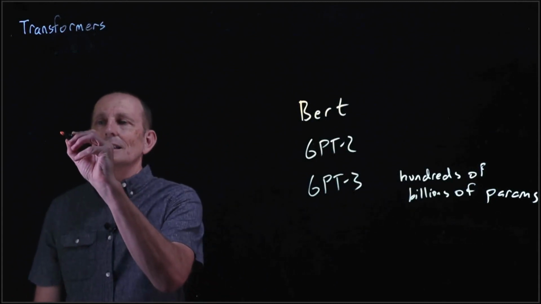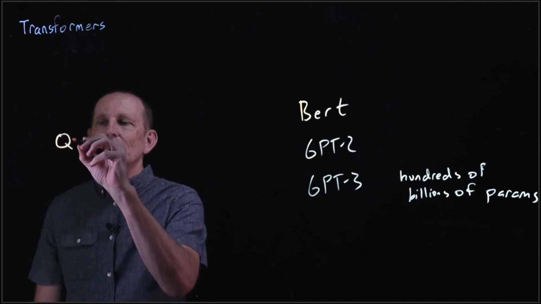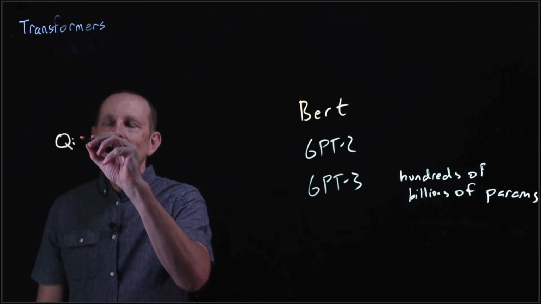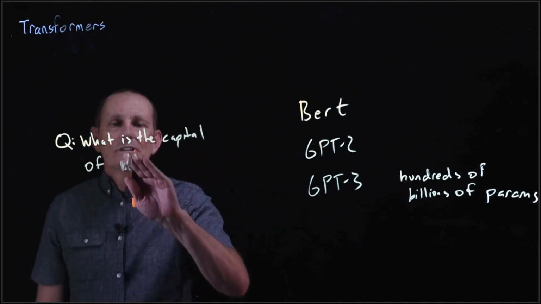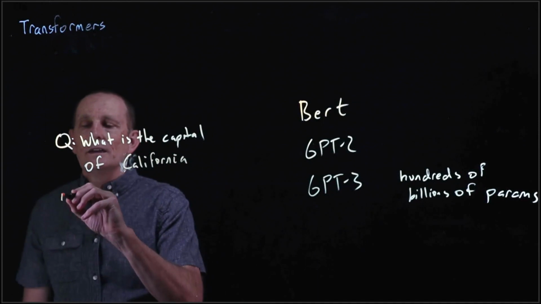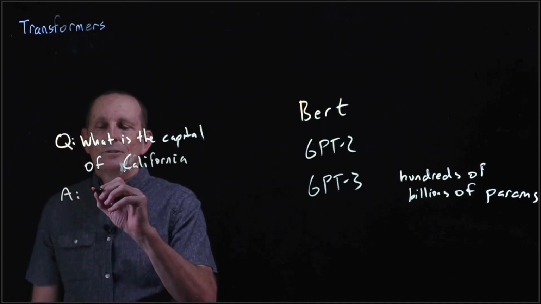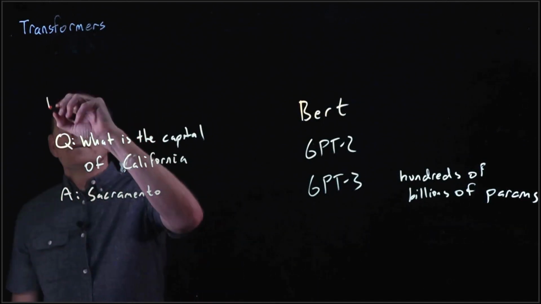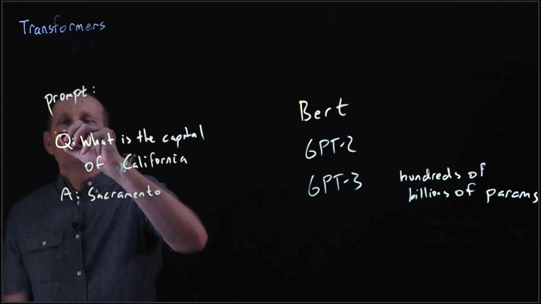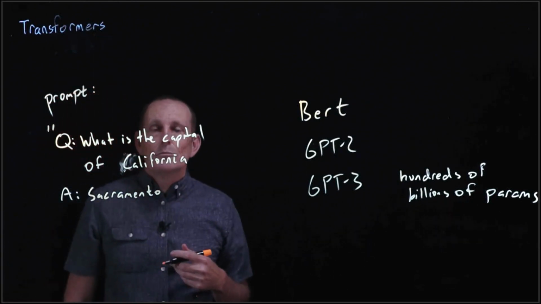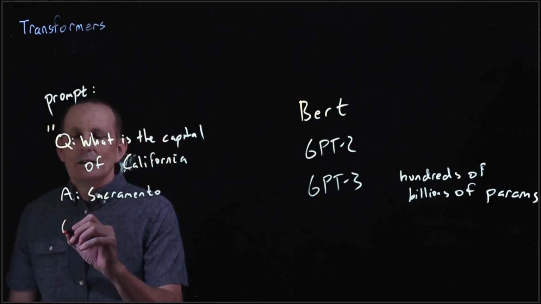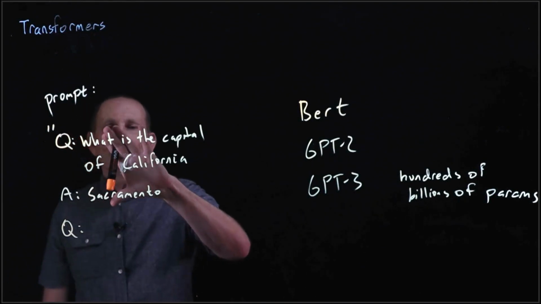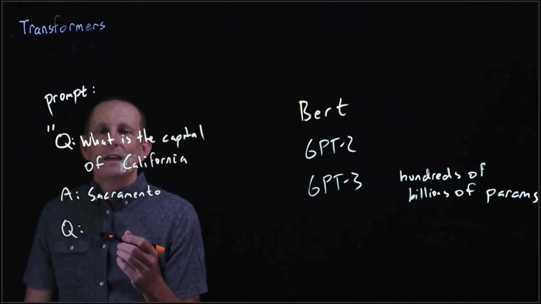So for instance, you might provide to GPT-3 the prompt, question, let's say, what's the capital of California? And then your answer could be, let's say, Sacramento. This is the prompt you're going to feed into GPT-3. GPT-3 has not been trained as a question answering device, but instead you'll feed in an example of what you're looking for, and then your real question.